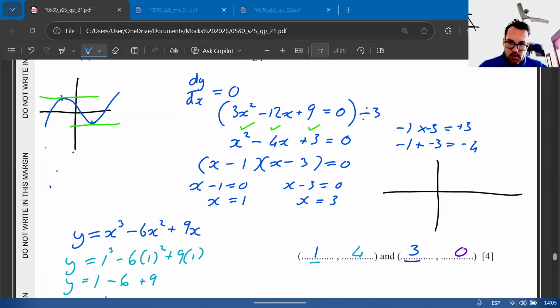So the turning point is 1, 4. I correct, it's going to be like this. 1, 4, 3, 0. Yep. Okay, that will be 1, 4, and this will be 3, 0. Those are where the graph turns.